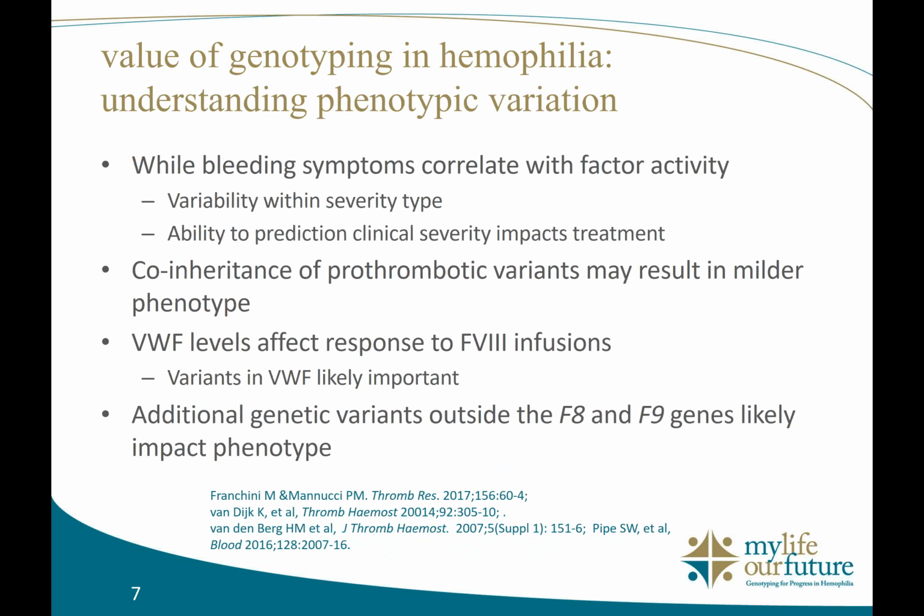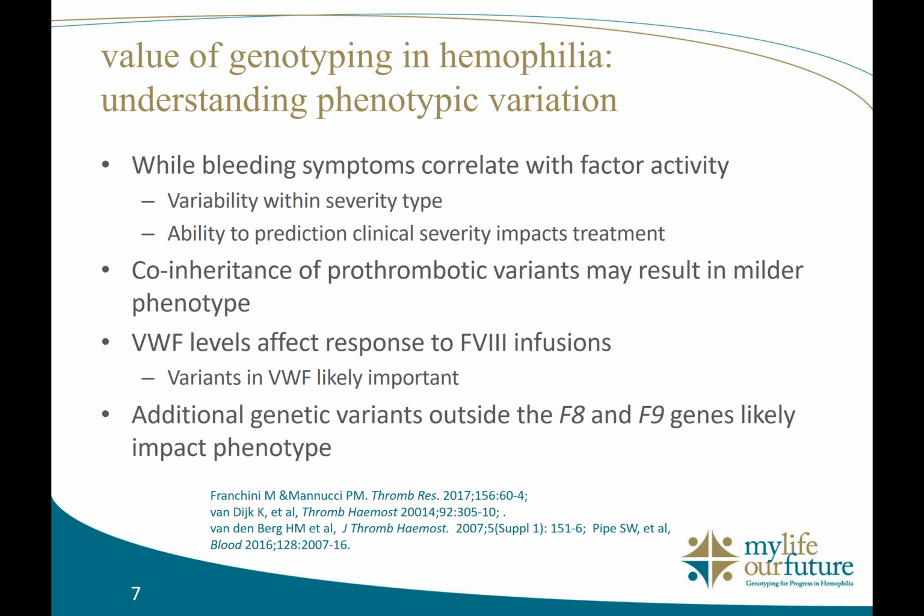So another area where genotyping can help us is in understanding variability in bleeding symptoms. So generally they correlate with factor activity, but there is variability within each severity type. And it's important that we're able to predict the severity, because that would impact the treatment regimen, because we want to prevent bleeding, particularly joint bleeding, which once established will continue over the life of the patient.